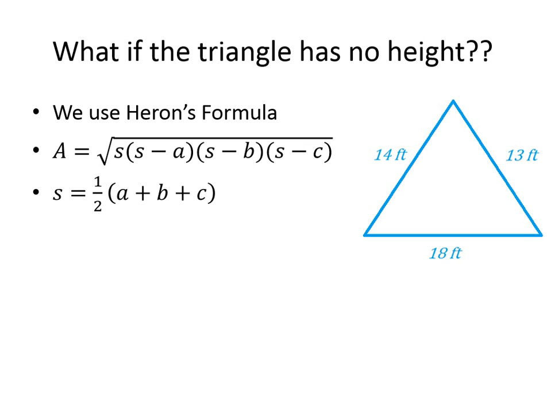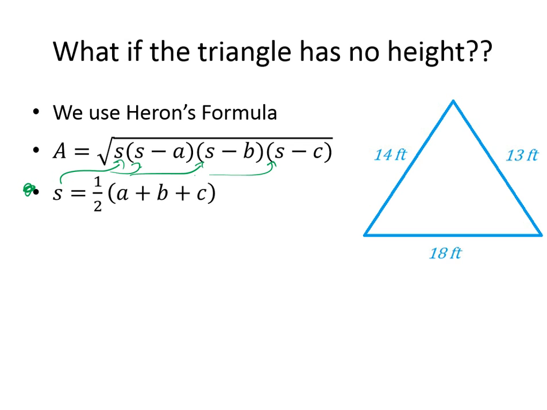So if the only thing you're given is all three sides of a triangle, and you know it's not a right triangle, to find it, you use something called Heron's formula. And Heron's formula is kind of a two-step formula. You have to do the second one and then plug in that S into the 4 spots it is in the previous one. Okay, and then you use that to find the area.